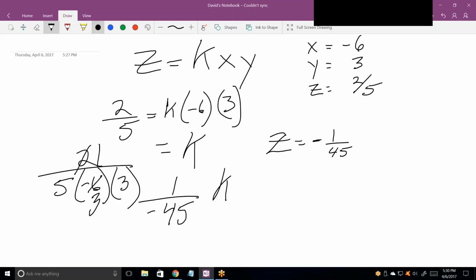I don't have to do that, but I'm going to, just because I'm more comfortable with it. And I suppose it doesn't really matter whether you put it out front or with the denominator. That's just my preference. There's nothing magical about it. Okay, so now they're giving us, this is the specific, and they want to know what z is when x is -4 and y is 7.